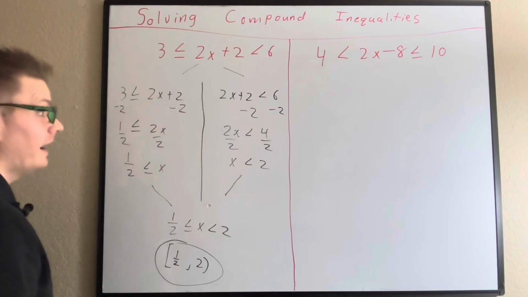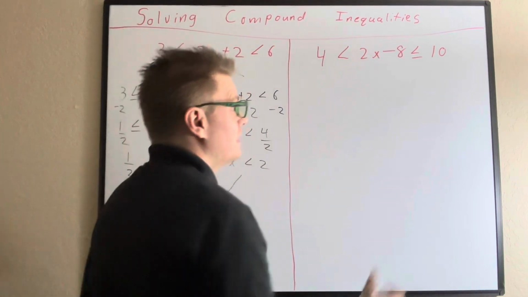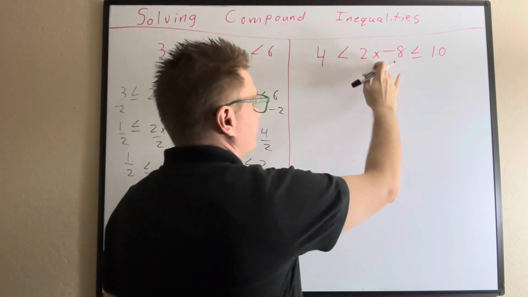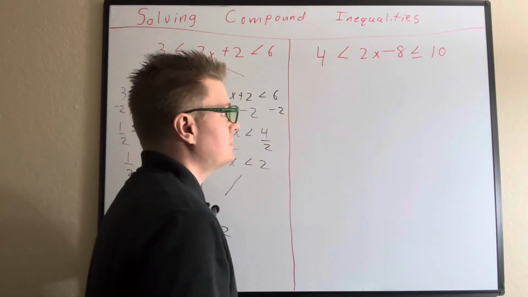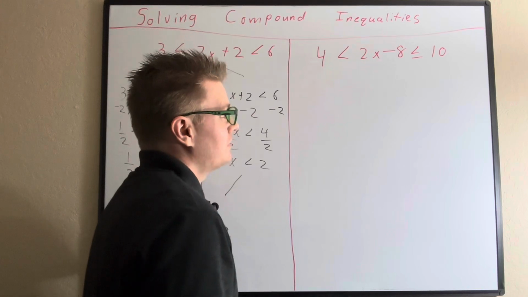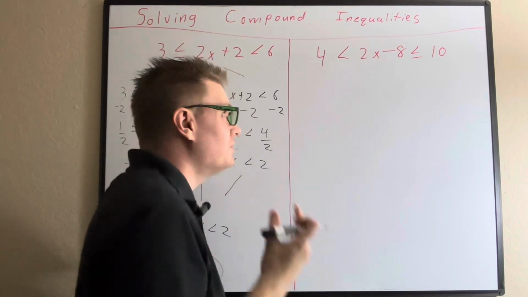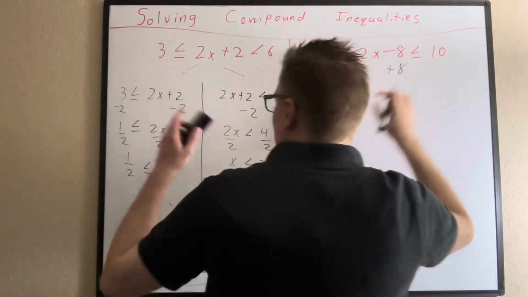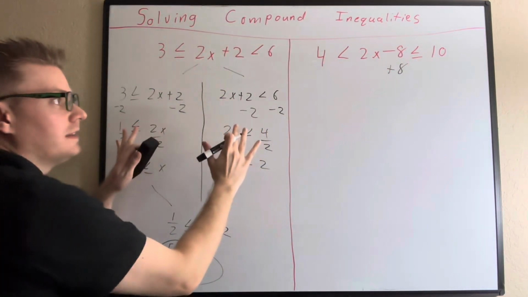All right, now for the other method: if you notice that there's x only in the middle section, and we just want to get it by itself, then there's a little bit faster way you can do this. You just need to recognize that it's two different inequalities.